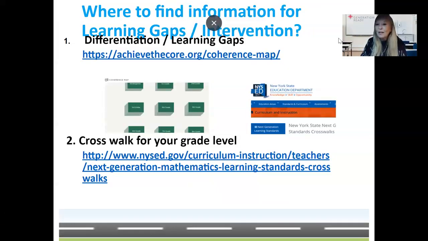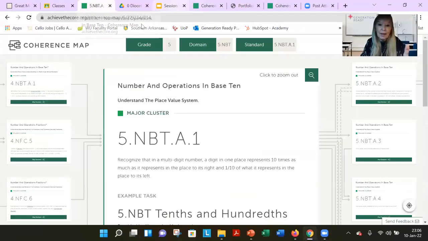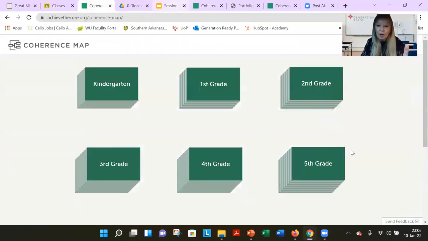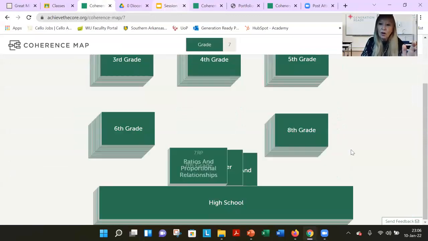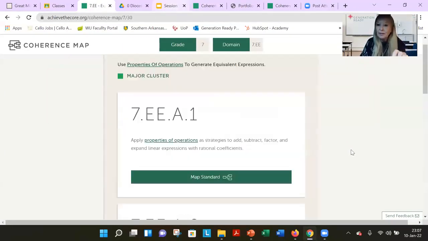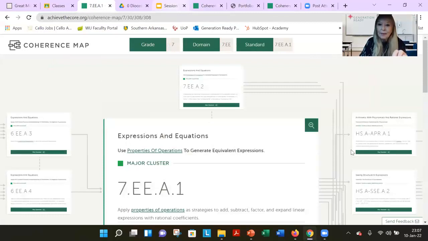I also want to remind you, this is from level one, part 1 in session 1, where we looked at Achieve the Core. That's just a great place to look and say, oh, my kids aren't getting this. Let's map it.